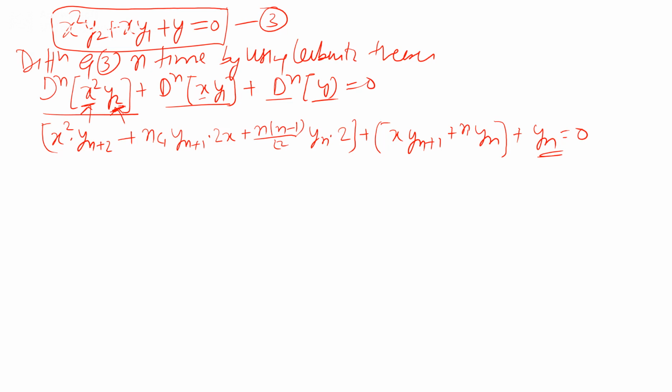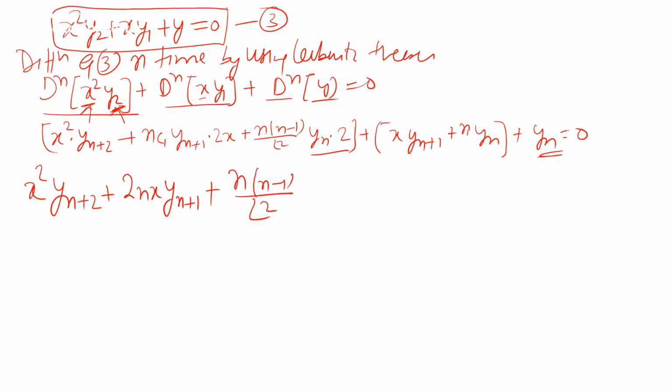Now simplify that. We can write x^2 y_{n+2} plus 2n x y_{n+1} plus n(n-1)/2! times 2, that 2 is also cancelled so there's no need to write it, y_n plus x y_{n+1} plus n y_n plus y_n is equal to 0.